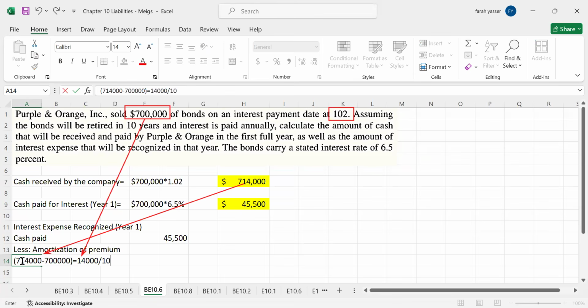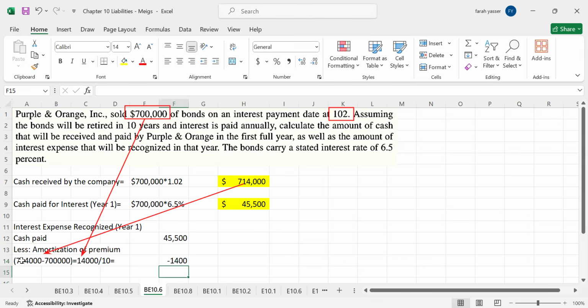So we divide it by 10, and the amount is 1,400. So the total interest expense recognized in the income statement is 44,100.